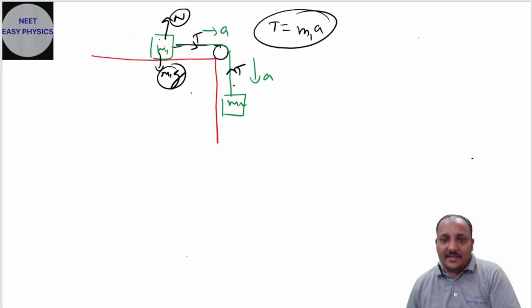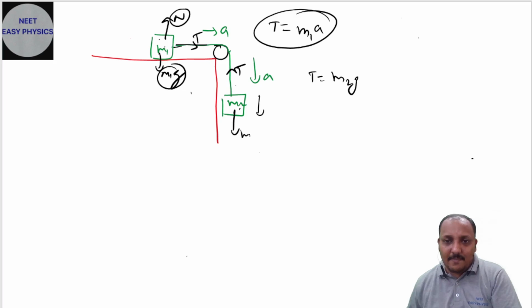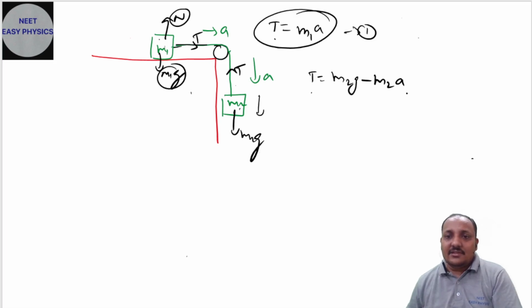Now see, M2 is moving downwards. Downwards means what I told you to write: M2G, because M2G is acting downwards, so T equals M2G minus M2A. Now you can equate this T. This is equation 1, this is equation 2.